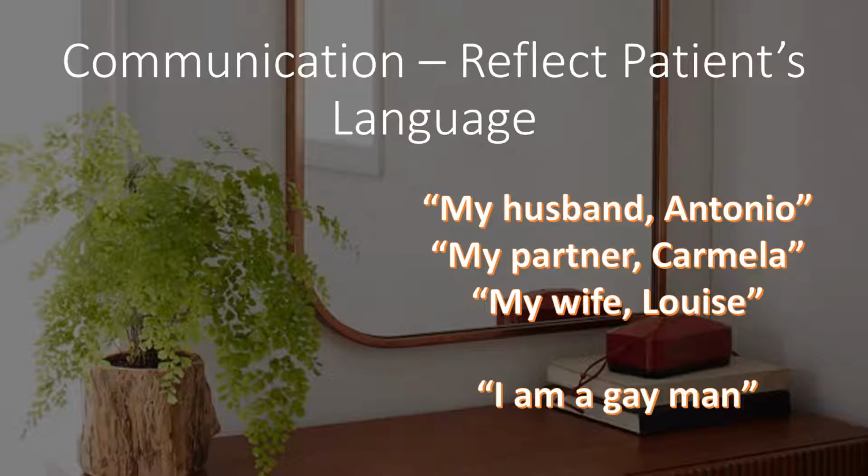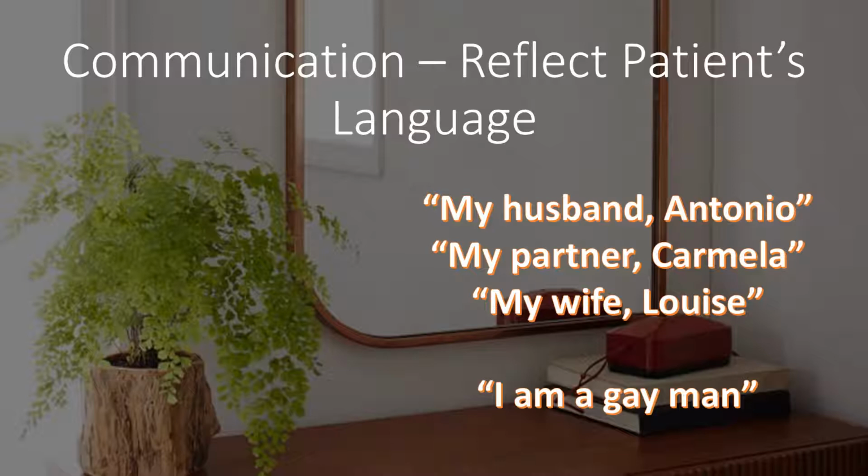And so, for example, if you are working with a patient who is a gay man and his husband is sitting next to him and he says to you as the nurse or the healthcare provider, this is my husband Antonio, that's the word that you want to use if you have to refer to your patient's husband Antonio. You don't want to suddenly start using a different word like, oh, this is the patient's partner Antonio, or this is the patient's friend Antonio.